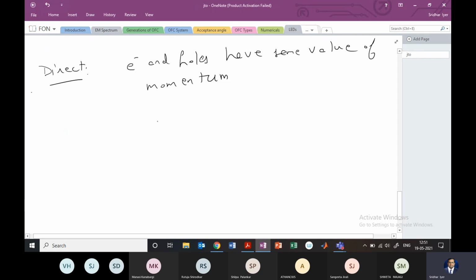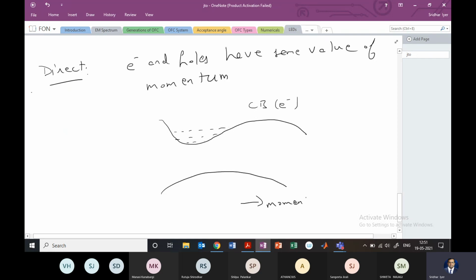And the diagram for the same looks like this. So this is the conduction band having a lot of electrons, E minus. The electrons are placed here, and we are looking at the momentum. Let's call it K, which is usually called K.